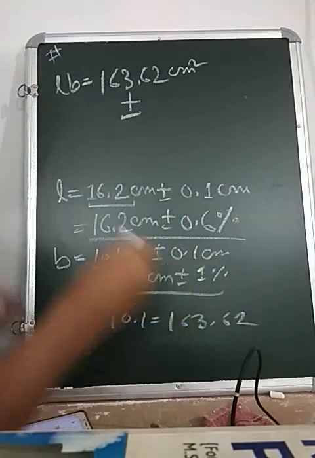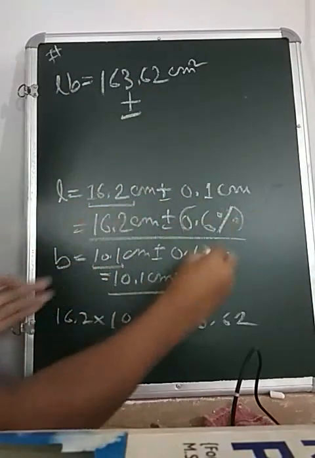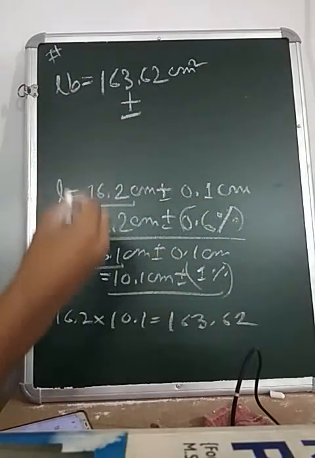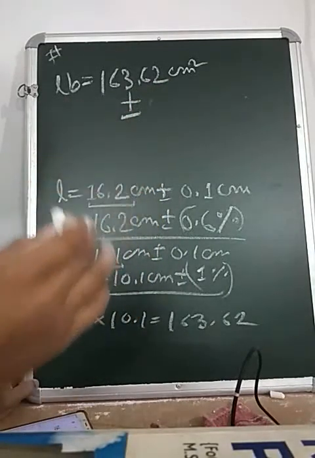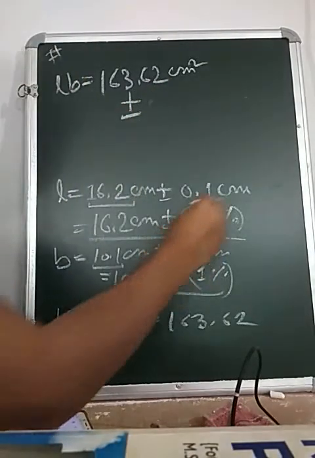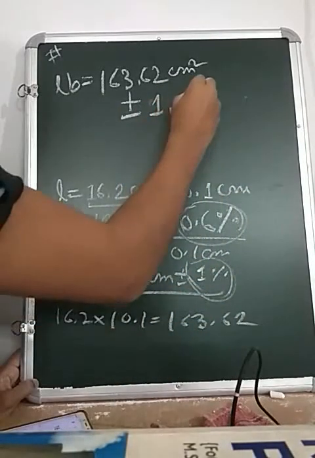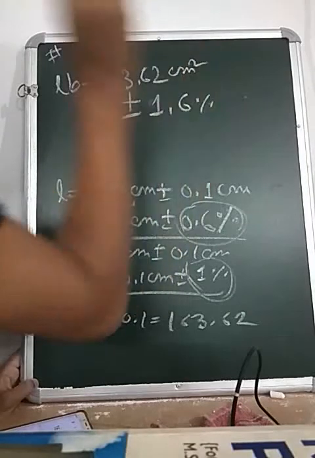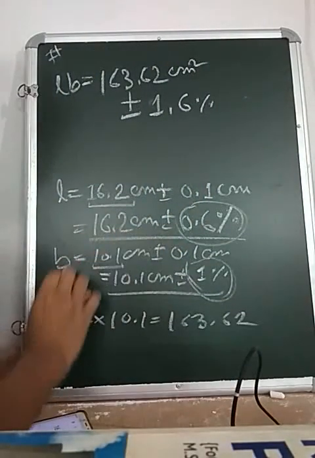So how do we represent the error in the final result? The sum of both, if we follow the rule for propagation of error in multiplication. So we get 0.6 plus 1%. So what will it be? It will be 1.6%.